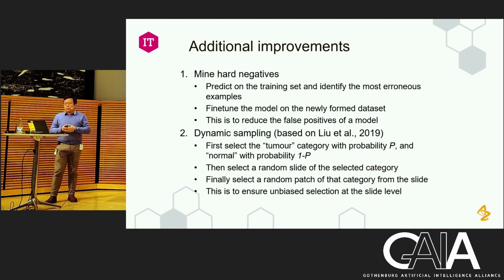Then we randomly select a slide within that category, with probability 1 divided by the number of slides in that category. Once the slide is selected, we randomly select a patch of that category, with probability 1 over the number of patches in that category for that slide.